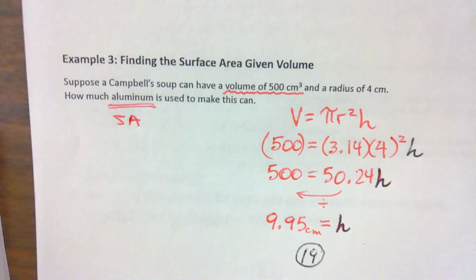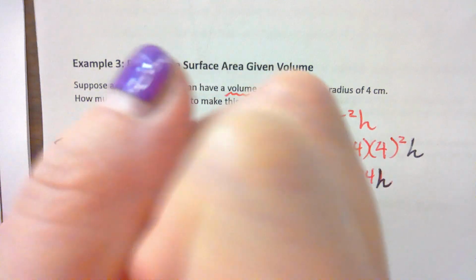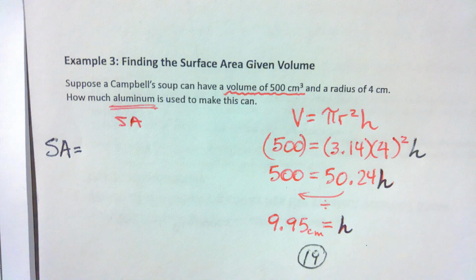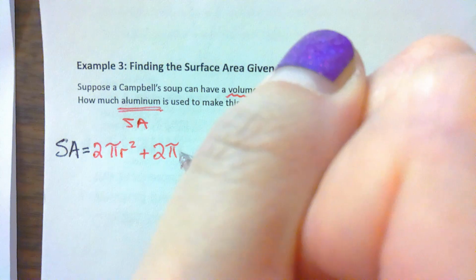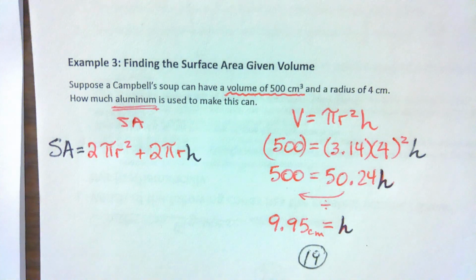Okay, well, take a look at the surface area formula. Surface area formula is this right here. 2 pi r squared plus 2 pi r h. Okay.